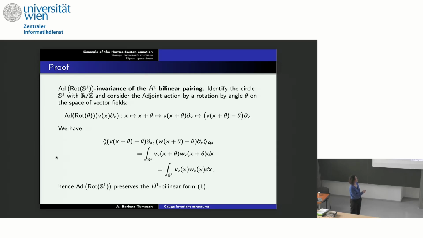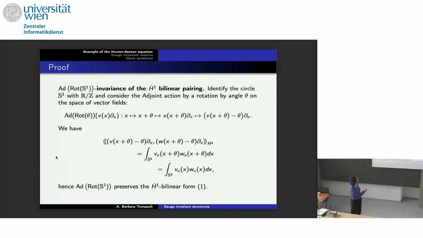The adjoint action by a rotation: you first do a rotation, then you do your diffeomorphism, and then you come back. So at the level of the Lie algebra, you first do a rotation, then you do your vector field, which is an infinitesimal counterpart of the diffeomorphism, and then you go back with the inverse rotation.